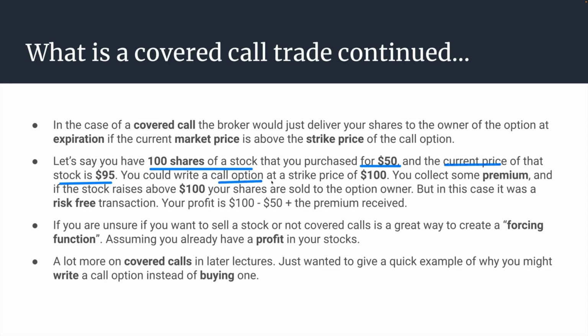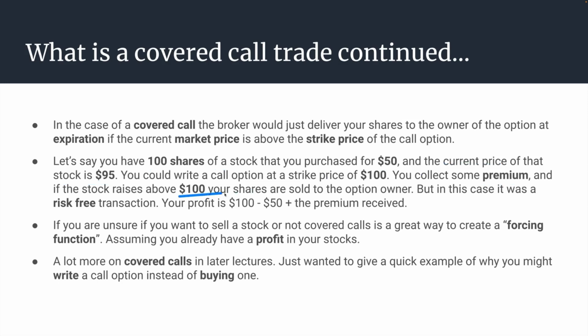You then write a call option with a strike price of $100. So in this situation, you're hoping that the stock does not go above $100. You hope it stays at 95 or below, or somewhere between 95 and 100. In that case, the premium that you collected, you'll get to keep. It'll expire worthless.